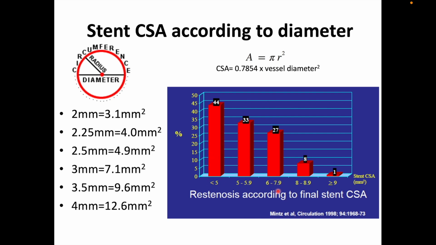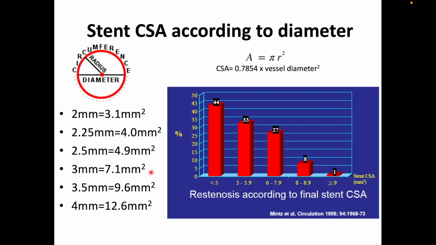So that's why, if you see here, anything below 8 has high ISR relation, and from the formula of finding cross-sectional area, you can see that with the 3 millimeter stent you can achieve a cross-sectional area of 7.1 millimeter square, which is still below 8.